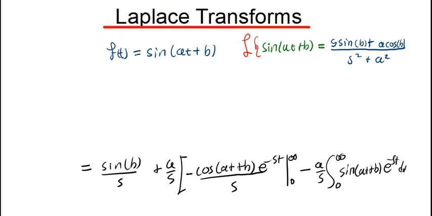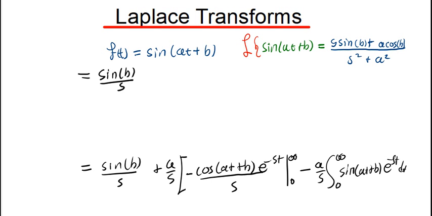You understand this is going to be very useful when you start bringing on some examples that have actual values, where in terms of a there's a value, and in terms of b there's some particular value as well. So now this is just going to be equal to my sine b divided by s.